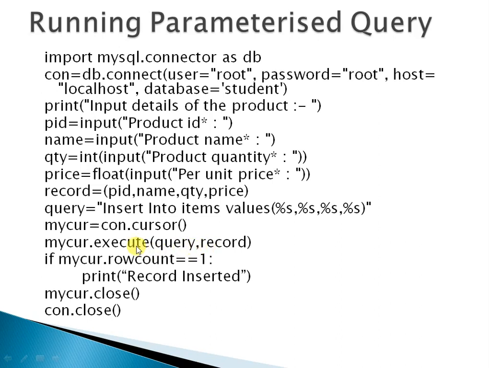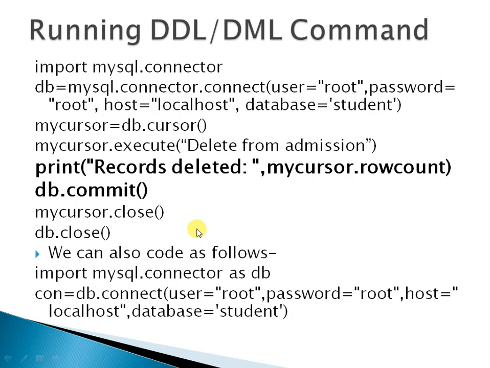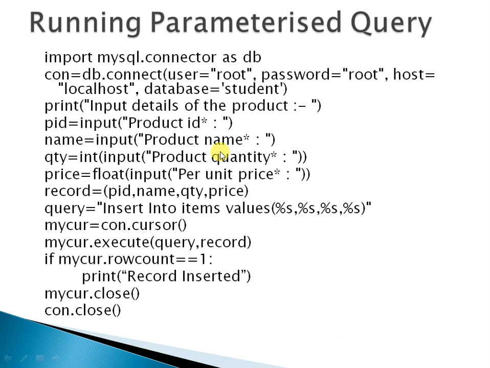This execute function has 2 types. In one type that we used earlier, we only provided the query. If you want to see, I will go a bit backward. Here you can see this execute function has just one parameter, that is the query statement. But in this parameterized query program, we have 2 arguments.